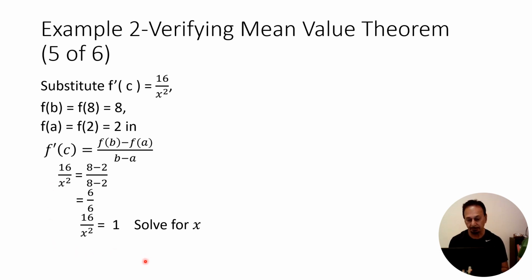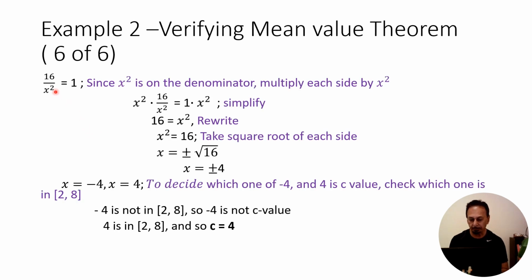Now we solve for x. We have 16 over x squared equals 1. Since x squared is in the denominator, we multiply each side by x squared. So we have x squared times 16 over x squared equals 1 times x squared.